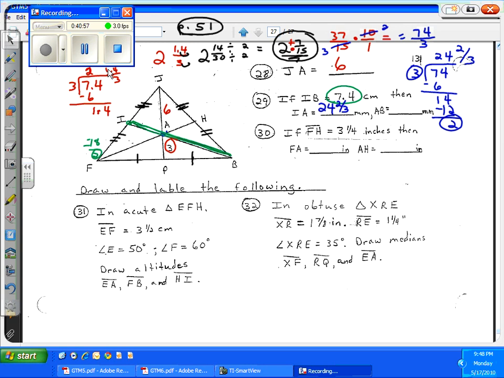Any questions on that? So one of the things I did, I wrote this book. Nearly everything was whole numbers. I realized my students didn't know how to perform fractions and decimals on paper, so I went back and changed numbers to fractions and decimals so we would have to learn how to do that.